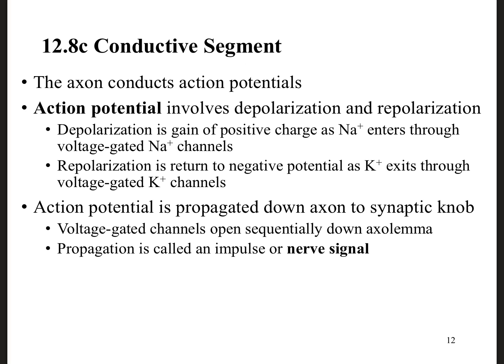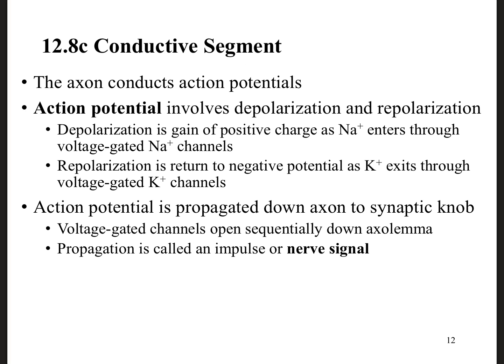So, the initial segment starts the action potential. Voltage-gated sodium channels open, right? We depolarize, get up to positive 30, and then that part of the membrane depolarizes and then repolarizes, and the next part of the membrane depolarizes and repolarizes, and we start to move down.